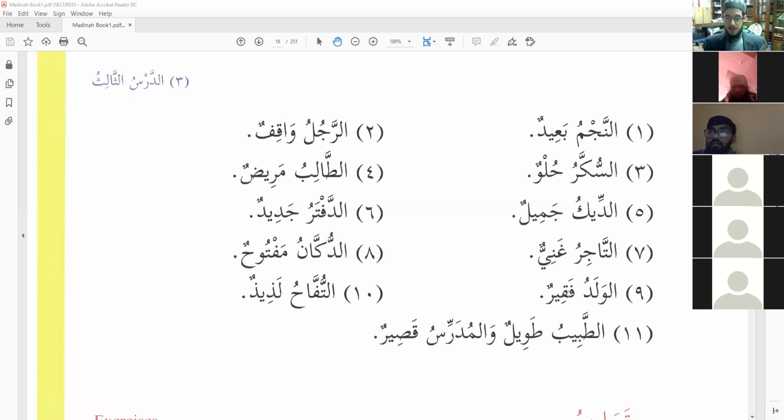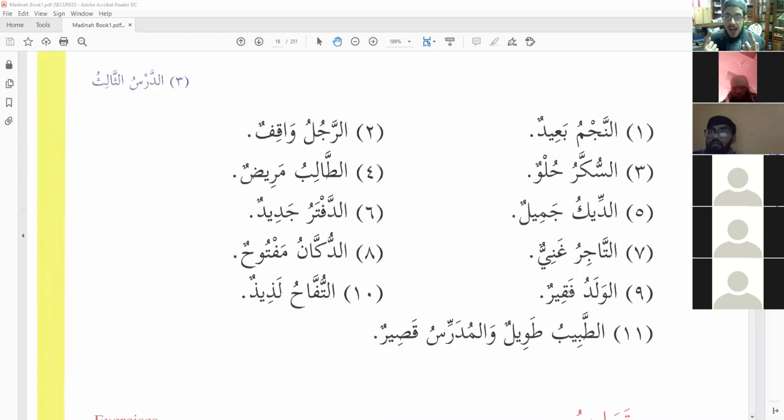So just as a brief refresher, remember, I don't want to belabor the point, but it's helpful for your tasawwur, your bird's eye view organization of the Arabic language. We are talking about jumla ismiya, sentences that begin with ism. It has two parts, the mubtada and the khabar.